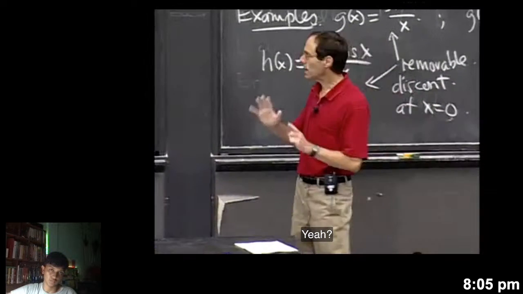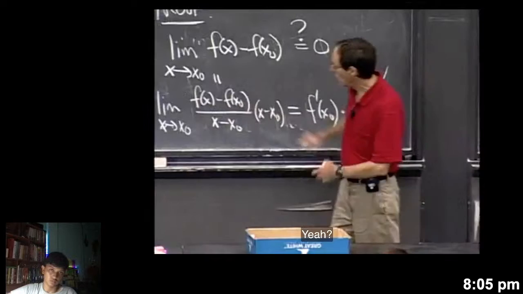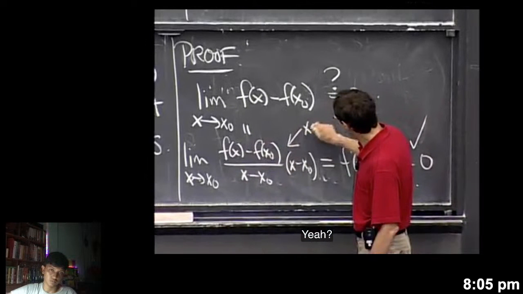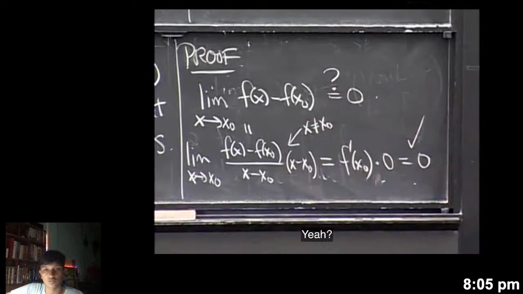Let me just make explicit what it is. In this limit, we never are using x equals x0. That's exactly the one value of x that we don't consider in this limit. That's how limits are cooked up.